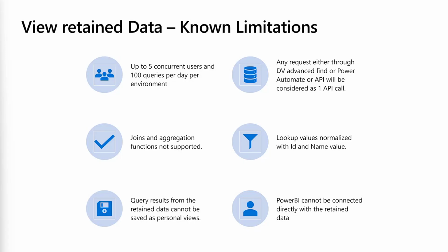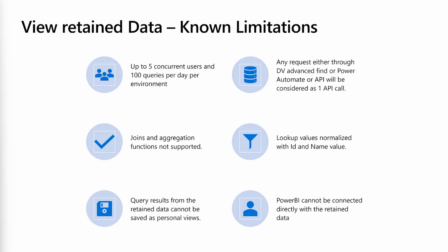The joins and aggregation functions are not supported when you are moving data. So through advanced find, if you want contact and then related opportunities or any custom tables, you will not be able to get it. From the query result, you cannot create a personal view in Dataverse like you do for your live data or transactional data.